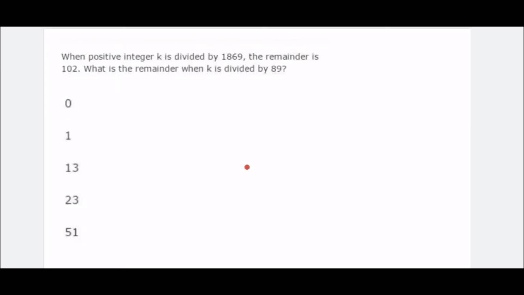Our next question is, when positive integer k is divided by 1869, the remainder is 102. What is the remainder when k is divided by 89? See, the positive integer k, if divided by 1869, the remainder will become 102. So k will be 1869 times 1 plus 102.